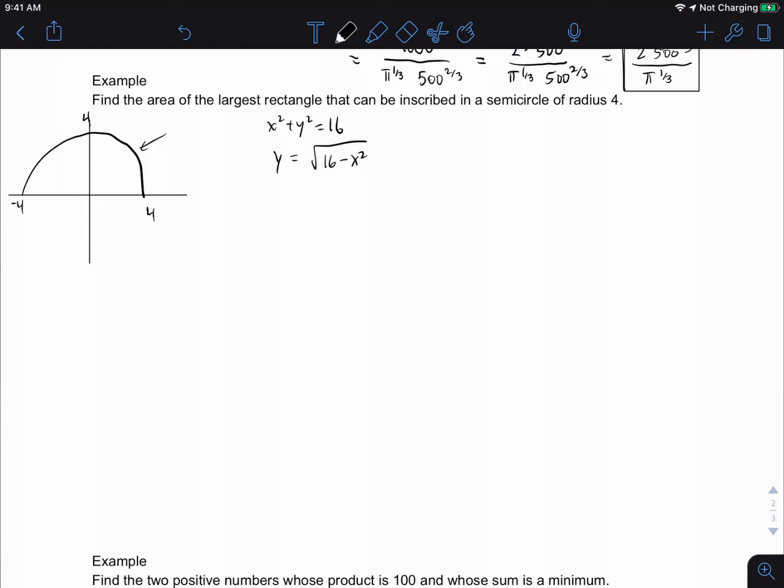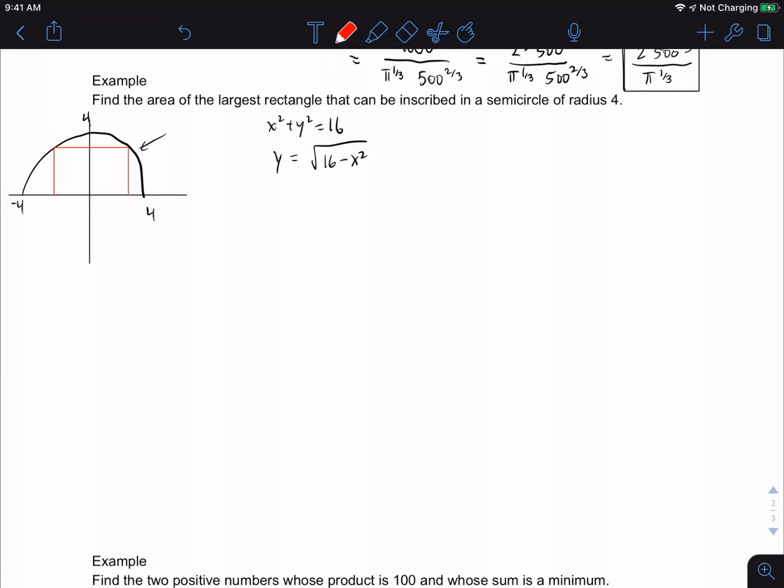And since we want to find the largest inscribed rectangle, I'm going to go like this, and like this, and then like this. Right? That is the largest inscribed rectangle on the positive side of this half circle, right?